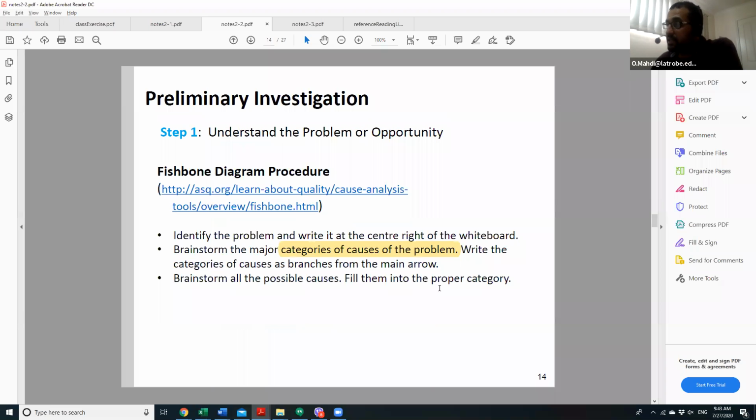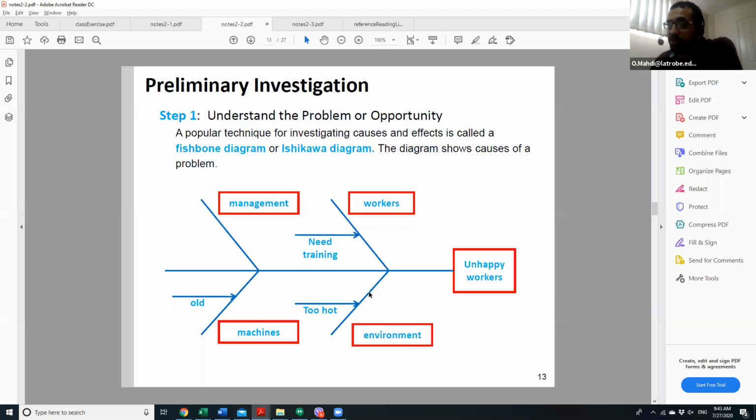The third step is to brainstorm all the possible causes. You need to list all the causes under management, for example, management needed training. What about machines? For example, machines are quite old, so they didn't work properly.